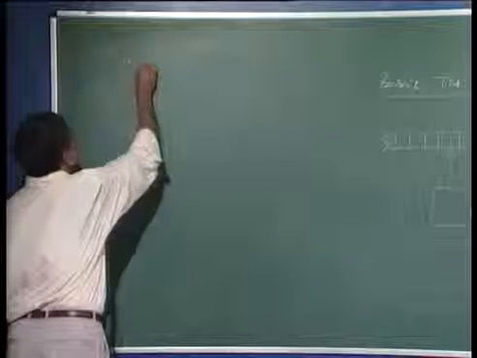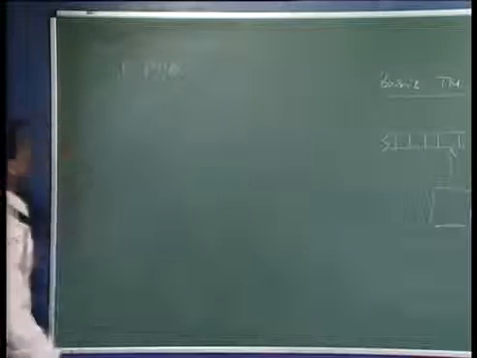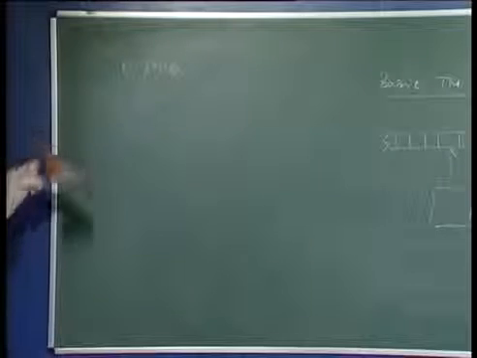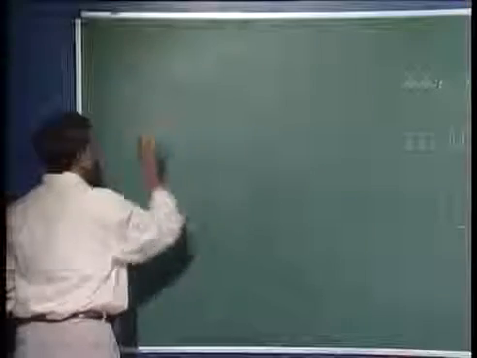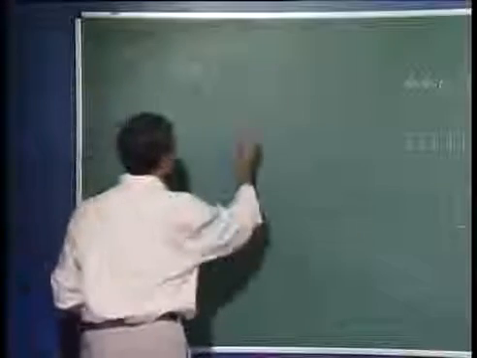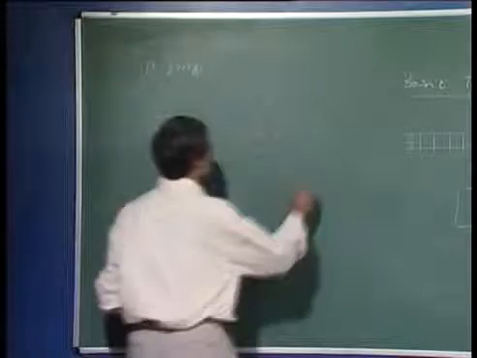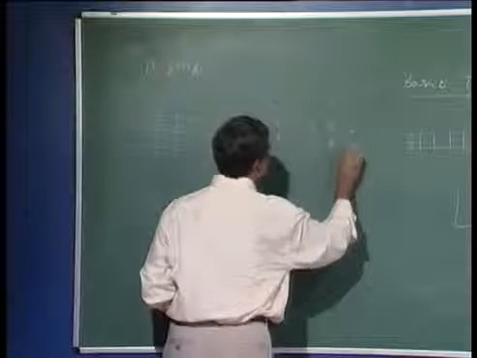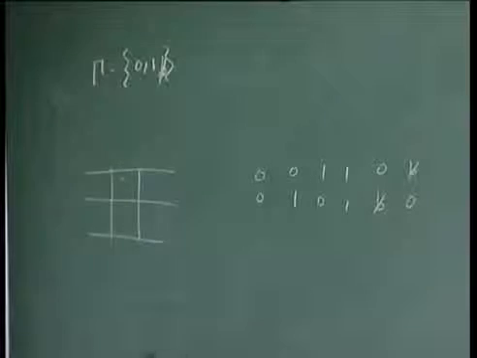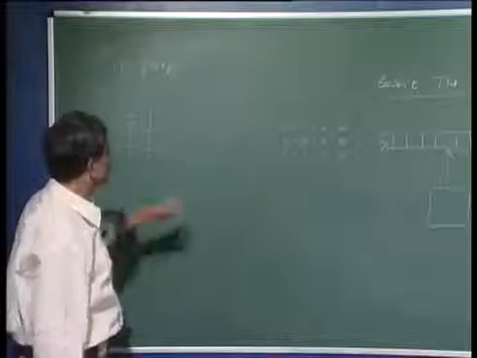So, let us say your tape alphabet gamma was just 0, 1, and of course we always have blank, the special symbol. Supposing you had only 2 tracks, what symbols can occur on this? You can have 0 0, 0 1, 1 0, 1 1, then 0 blank, blank 0, and blank blank. 0 0 is already taken care of.